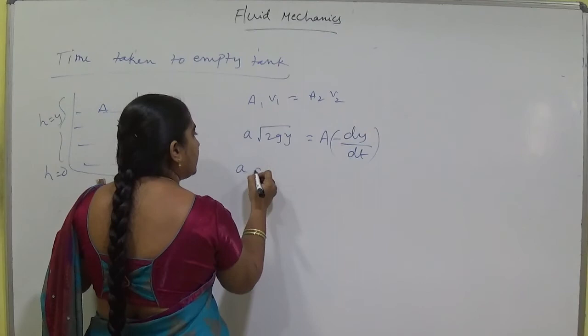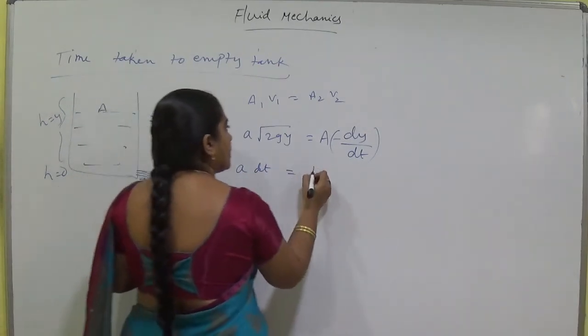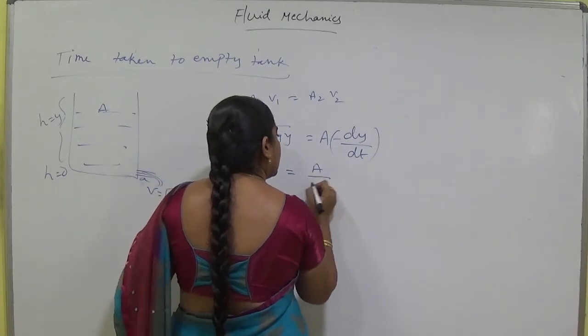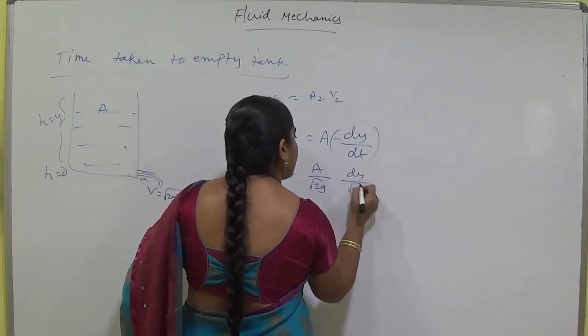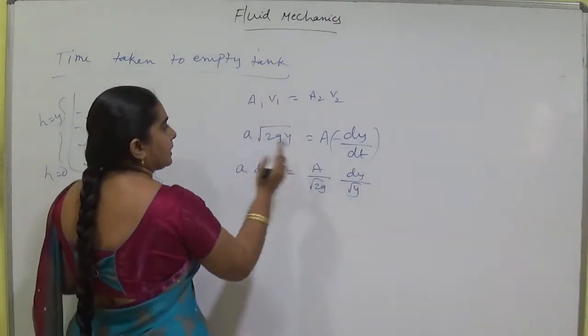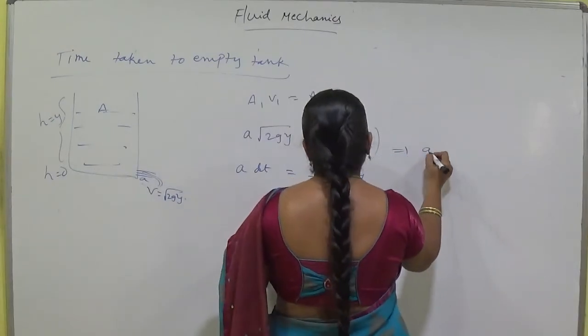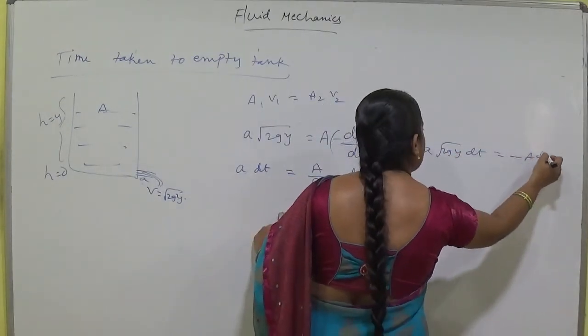a into dt is equal to a by root 2g into dy by root y. Cross multiplication: A root 2gy into dt is equal to minus a into dy.